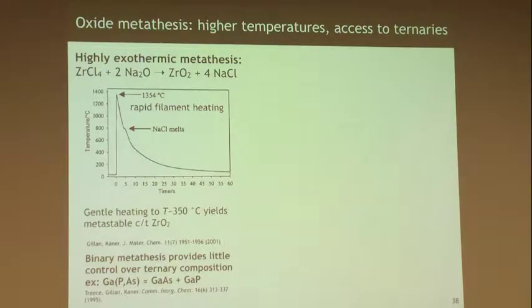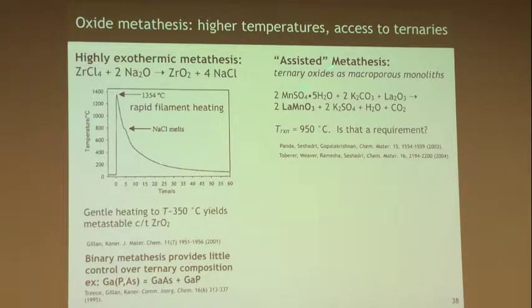There are a lot of nice examples; making this ternary system between gallium, phosphorus, and arsenic typically phase separates into gallium arsenide and gallium phosphide. But assisted metathesis reactions are a wonderful way to make macroporous monoliths of solids.